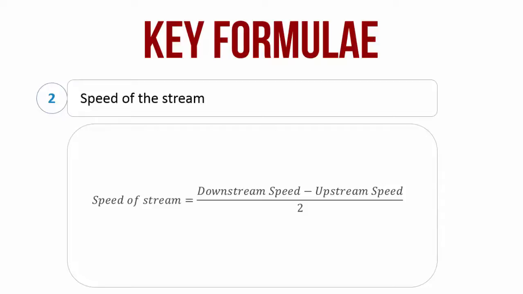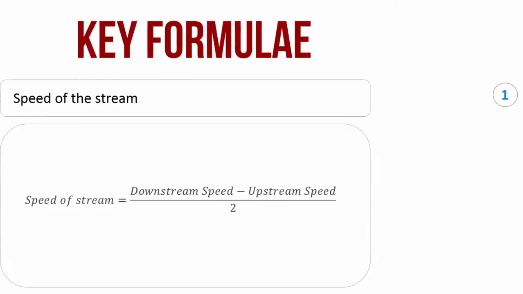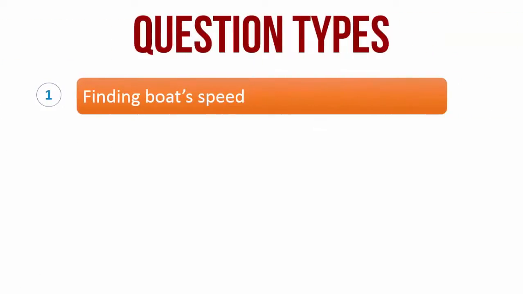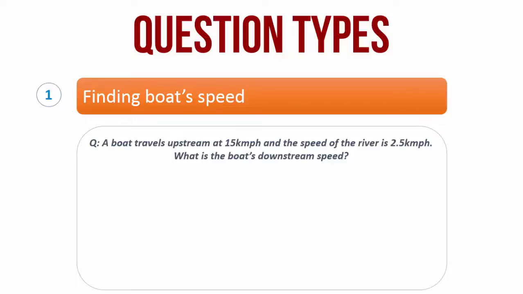Let us now look at some of the different types of questions that can be asked. The first kind of question will ask you to find the boat's speed. For example, here is a question. A boat travels upstream at 15 km per hour and the speed of the river is 2.5 km per hour. What is the boat's downstream speed?